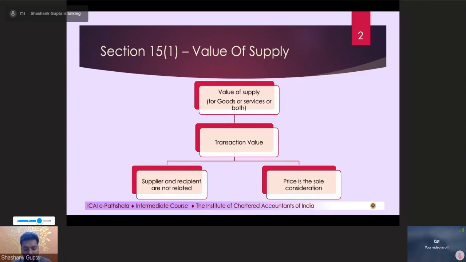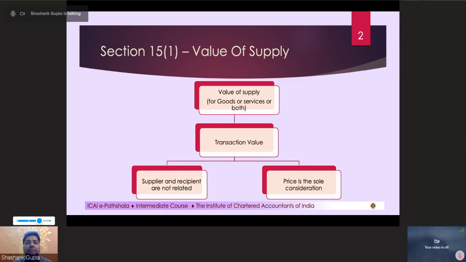Friends, valuation is important. First of all, let us understand what is the requirement of any valuation mechanism under GST. I am a chartered accountant.